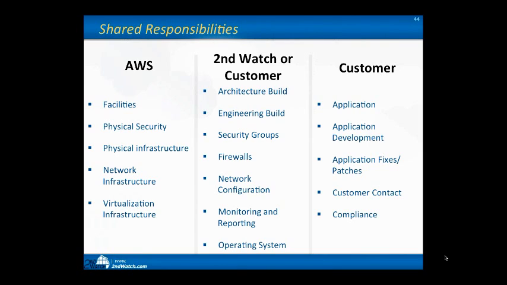There's an extensive amount of things that AWS will do for customers from a security perspective, what Second Watch will do, partnering with Alert Logic, and then what customers are responsible for. If all those things are done proactively and there's good communication, then we've had very good success working within the AWS environment, both from an availability and a security perspective.